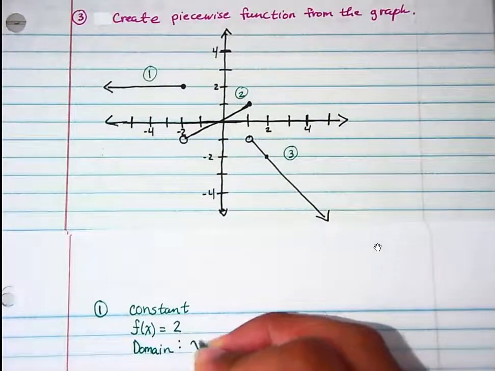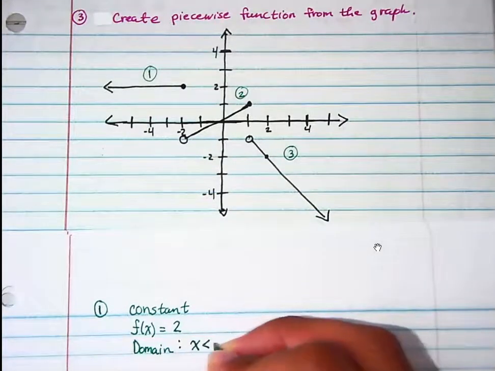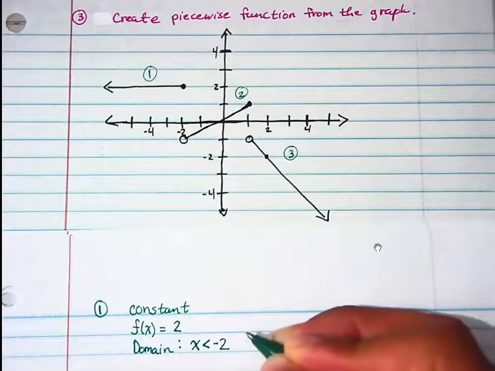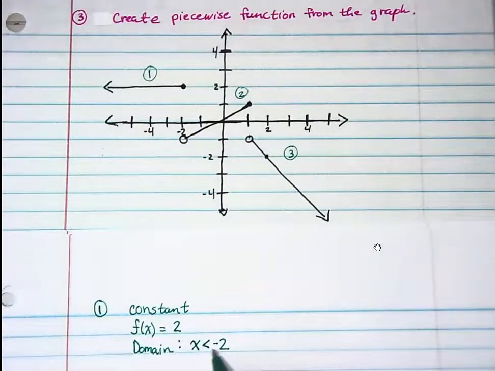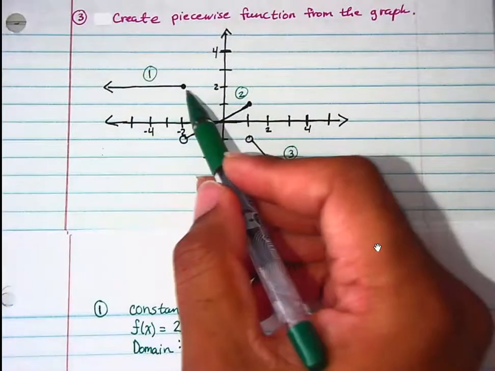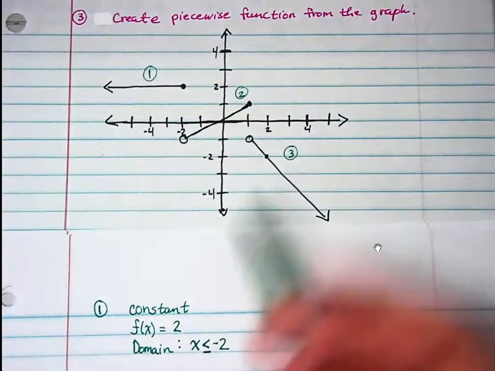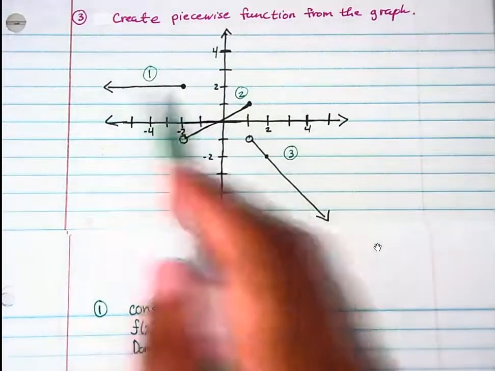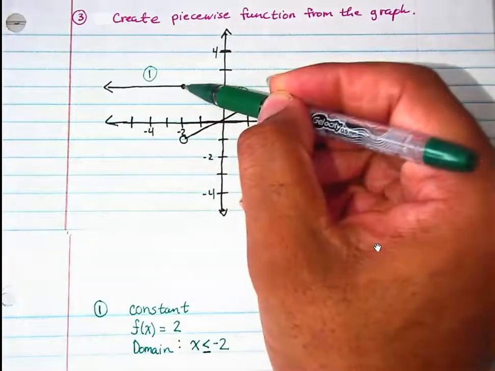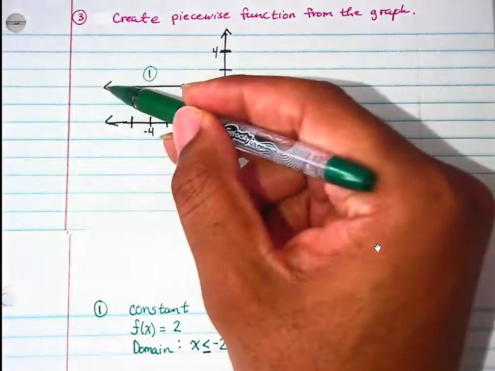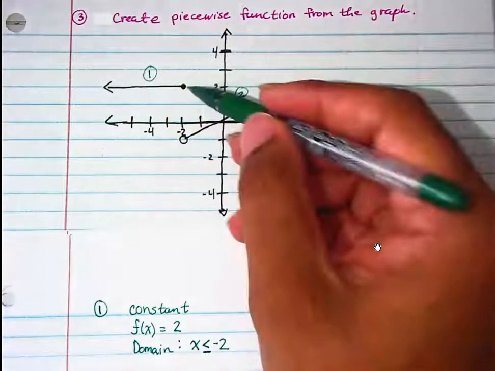So here we have x is going to be less than -2. Remember, less than means that it should be an open circle, but it's a closed circle. So it means we have an equal to sign there. So x is less than or equal to -2. So -2 starts there, and all the numbers are less than -2. Less than or equal to.